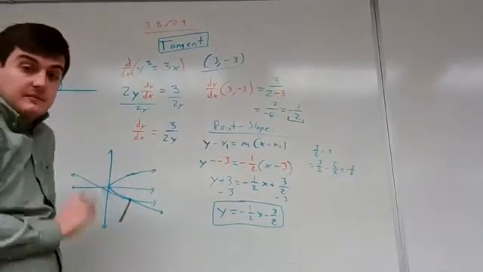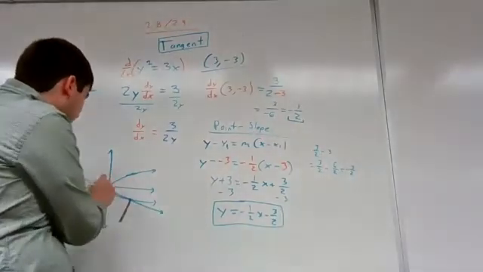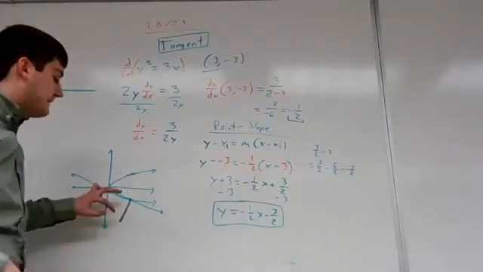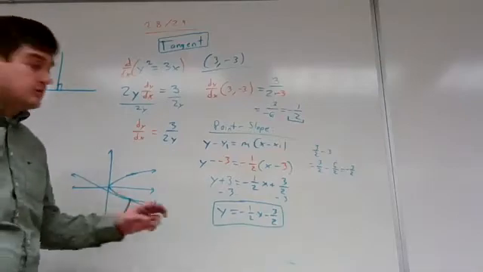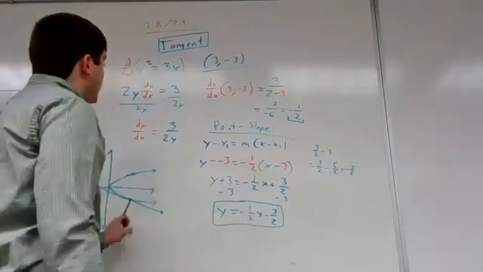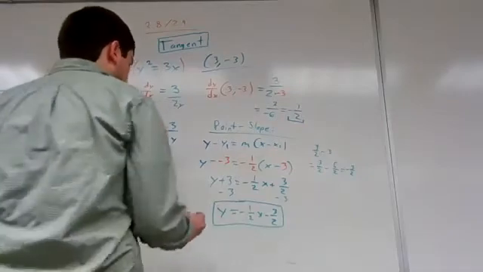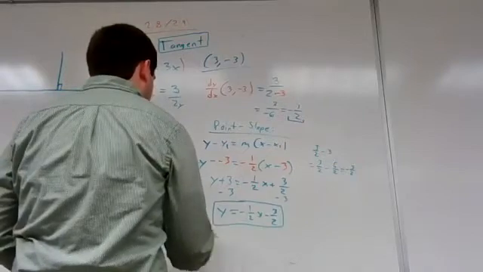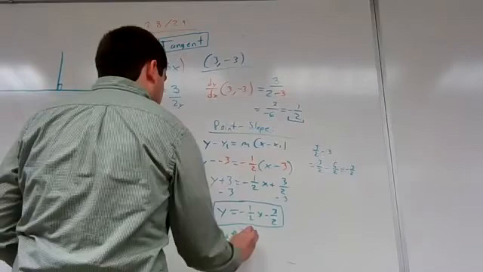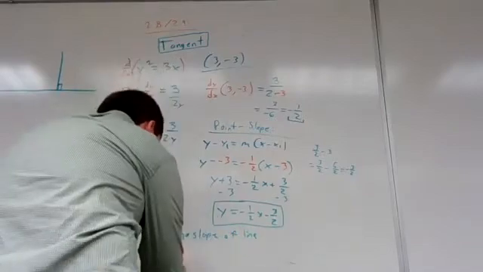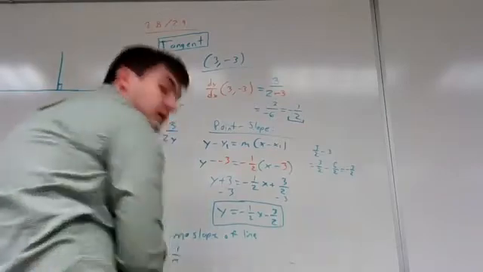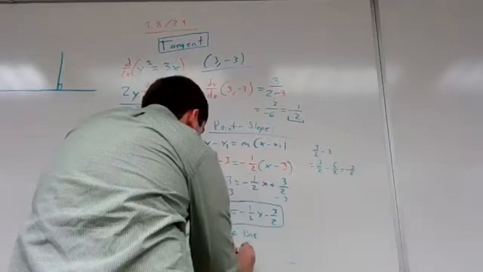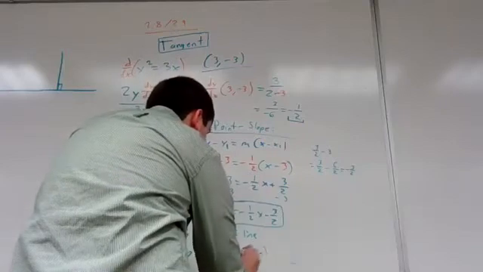So the sign changes, but also this is kind of a slower slope, but this is building up, so I kind of reverse the effect of it. So if m is the slope of a line, then negative 1 over m is the slope of the normal or perpendicular line.